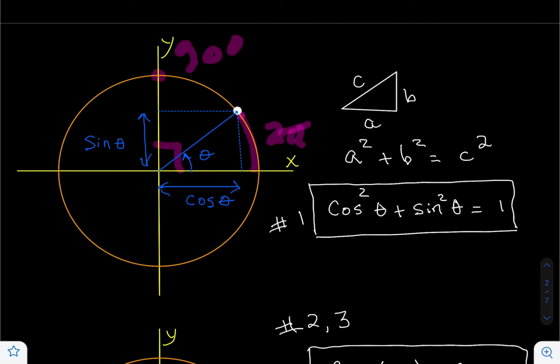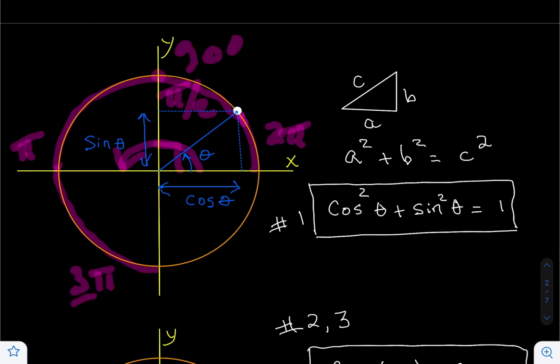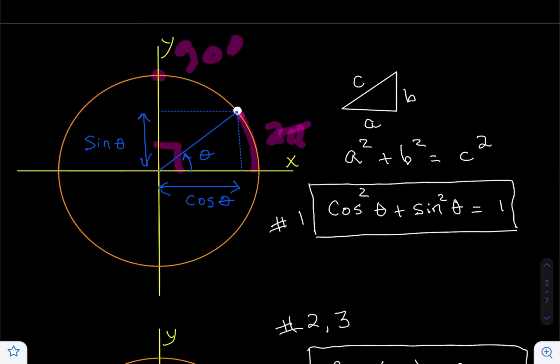You go halfway around the circle, all the way up here, and that 180-degree angle is in fact, in radians, pi, because the length that I show here is pi. So 90 degrees is pi over 2, and 3/4 of the circle right there would be 3 pi over 2, and going all the way around is 2 pi. So I just want to highlight that to show you that using radians is a more natural way of expressing angles. All right, so let me erase this.